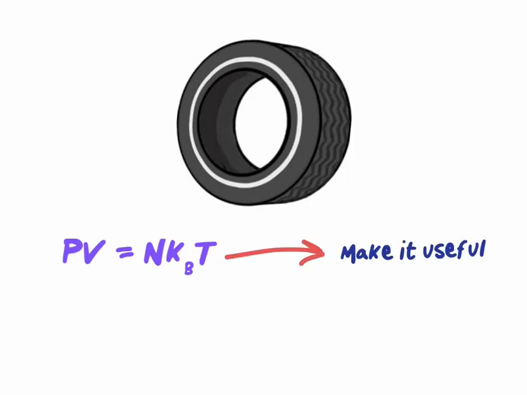We're going to look at how we can expand the volume and keep the temperature the same, or how we can keep the pressure the same in a system where we're changing the volume. So when we use this, we're trying to get some work out of it. In other words, a heat engine. We're going to take a look at the theoretical ways in which an engine works using this ideal gas law.